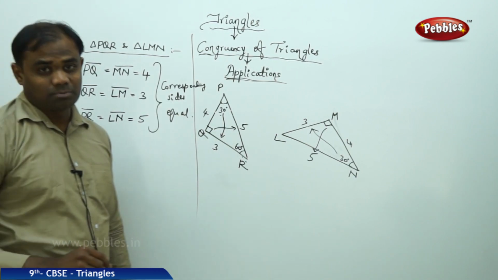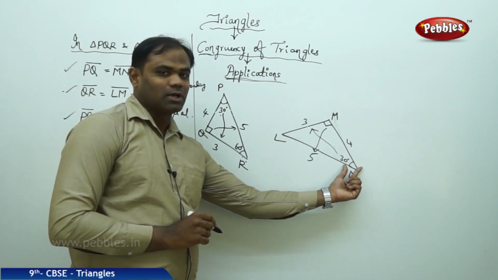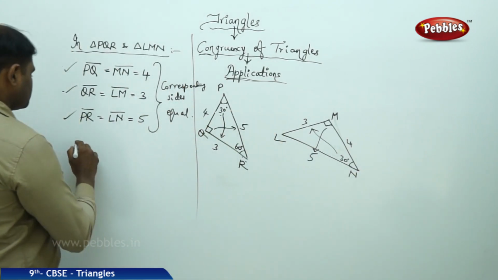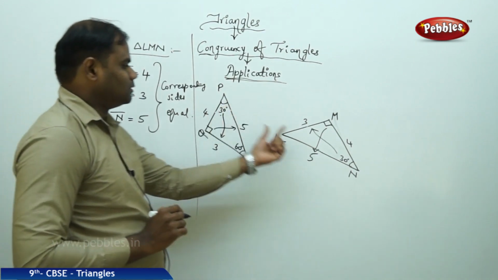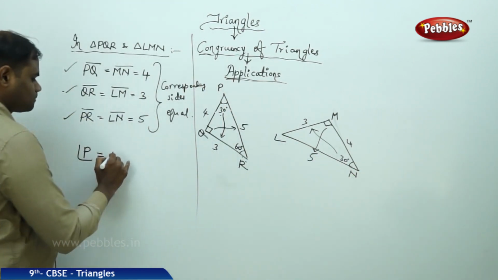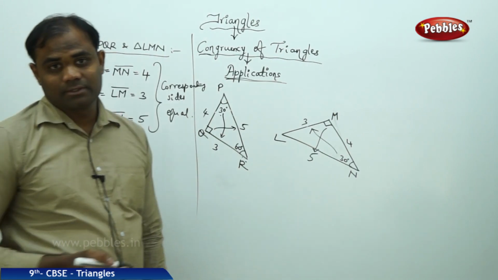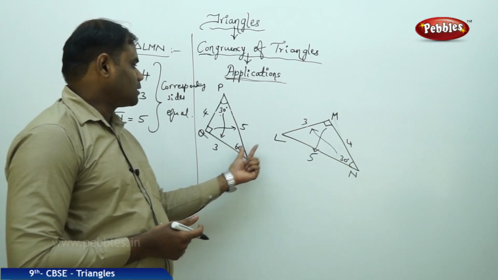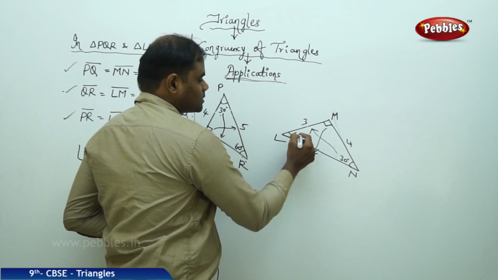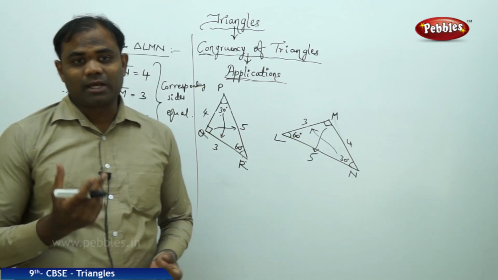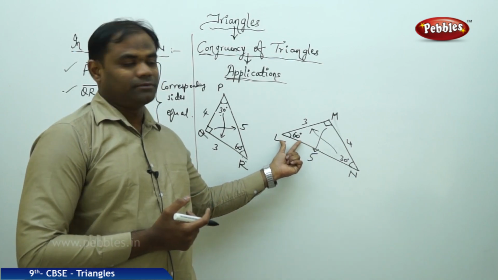Next are the corresponding angles. My angle which is 30 degrees is equal to the angle which is 30 degrees. So my angle P is equal to angle N, which is equal to 30 degrees. Similarly, with 90 and 30 known, angle R must be 60 degrees using the angle sum: 180 minus (90 plus 30) is 60 degrees.